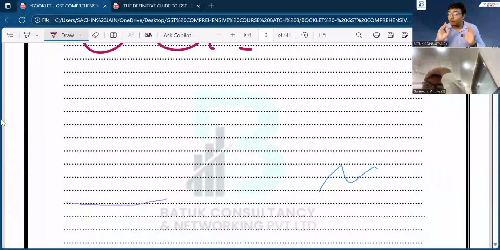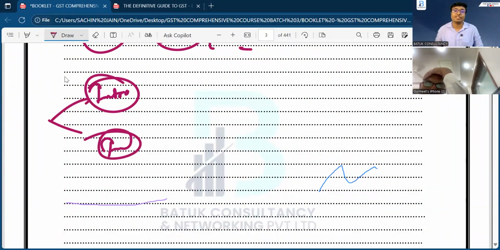Okay, now, sir, in our last session we have covered that there may be two types of supply. One will be intra-state supply, another will be inter-state supply. Okay, in case of intra-state supply, supply will be within the state, but in case of inter-state supply, supply will be outside the state.